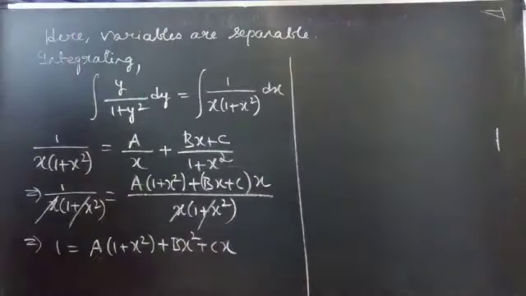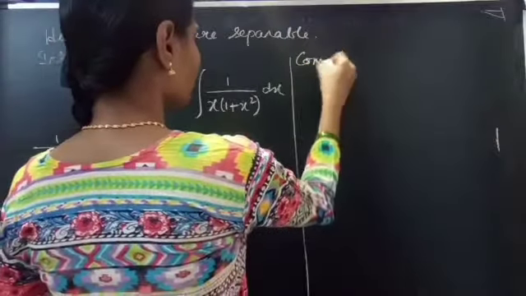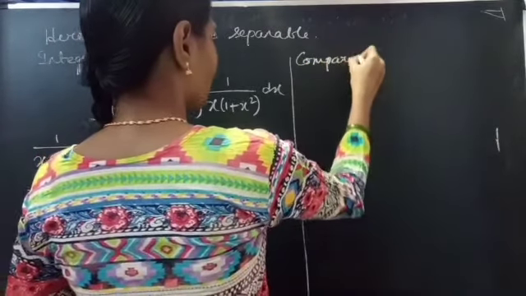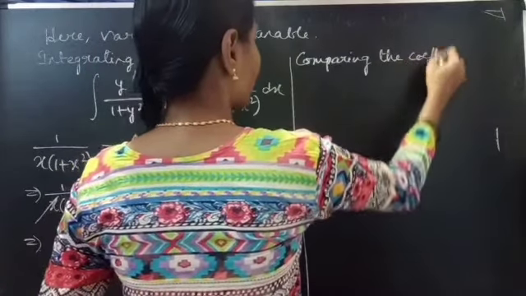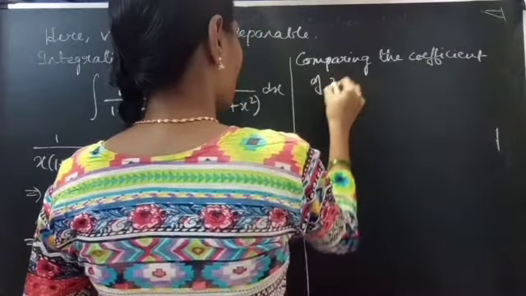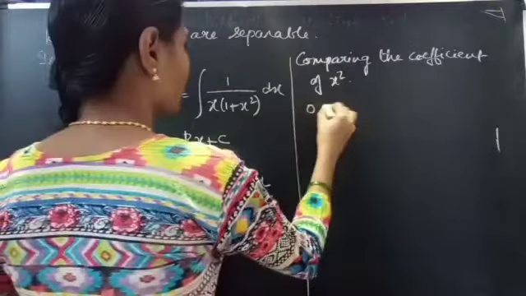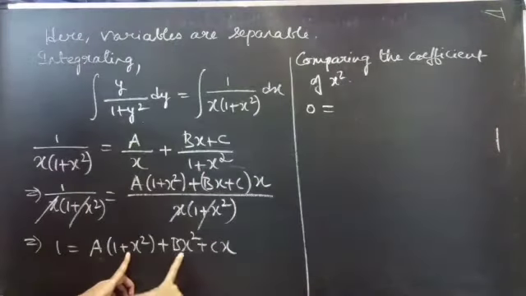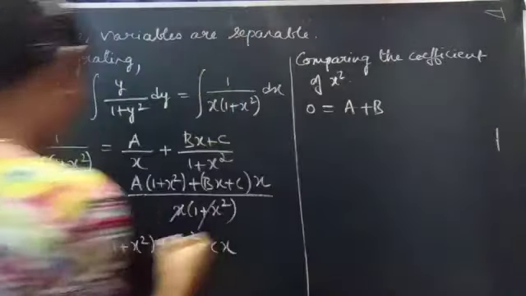Now by comparing the coefficient of x square, you'll get 0 equals a plus b. Okay.